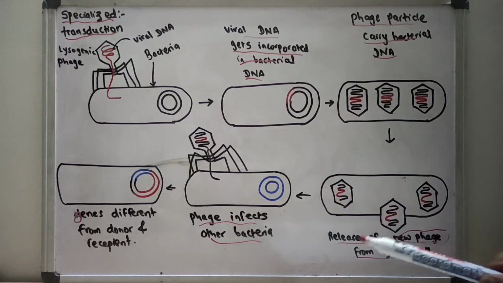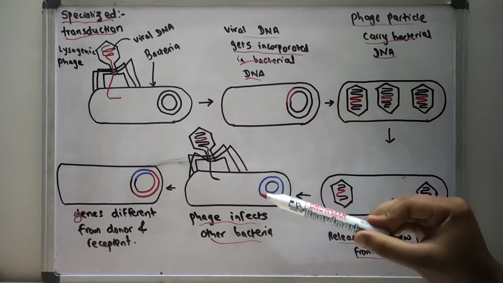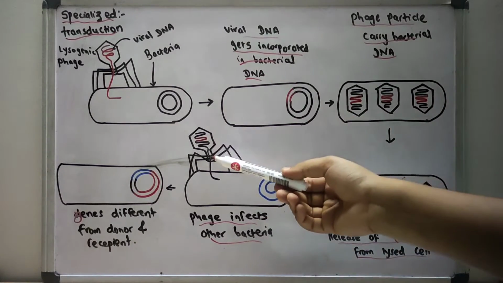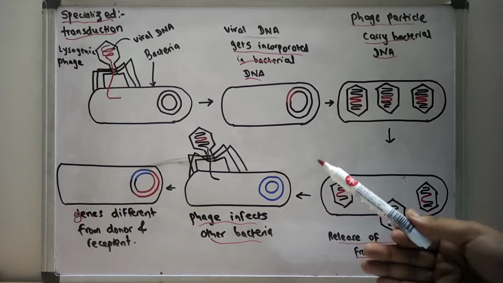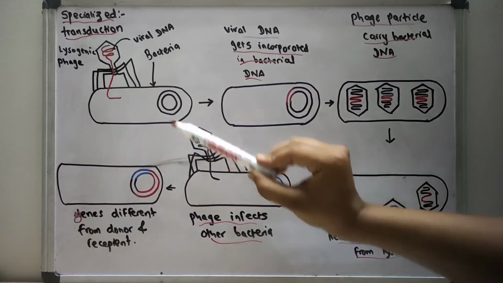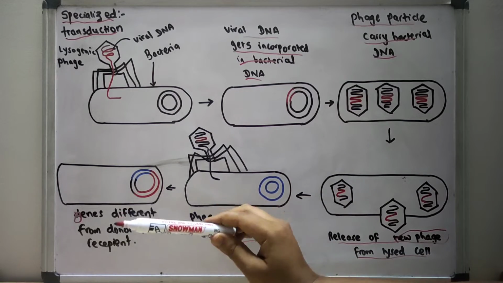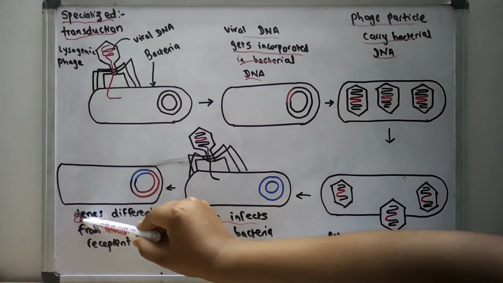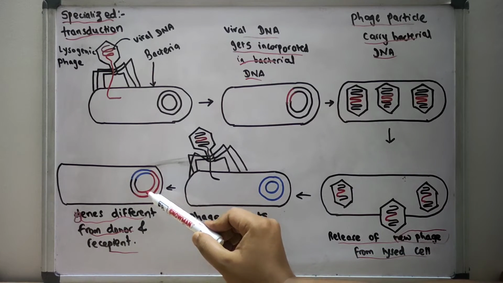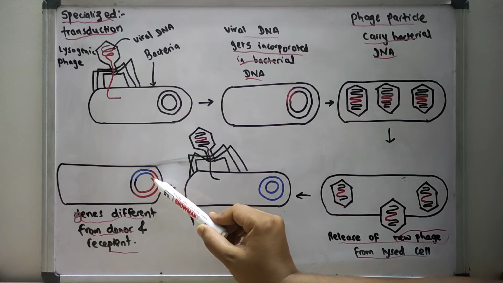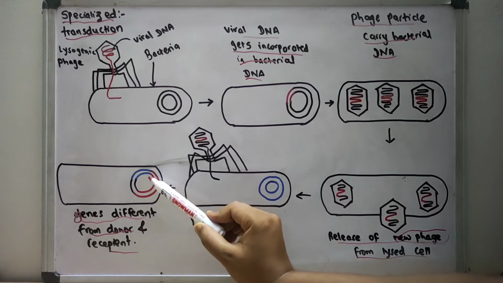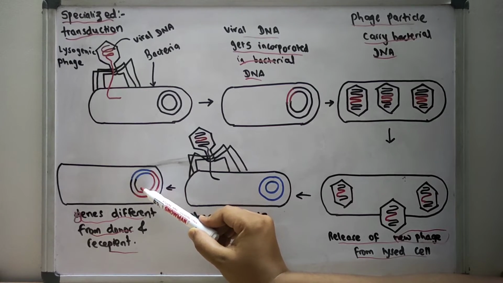You can see here, after the infection, the genetic material of the previously infected bacterium and the virus gets incorporated into this new bacterium. So this new bacterium will have new genes, totally different from the donor and recipient. You can see in this genetic configuration, it has the red portion of the DNA, the green portion, the blue portion, and the black portion.